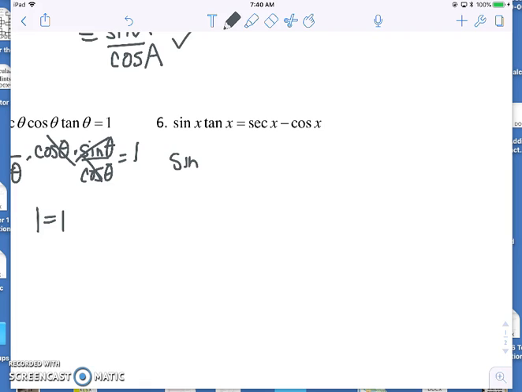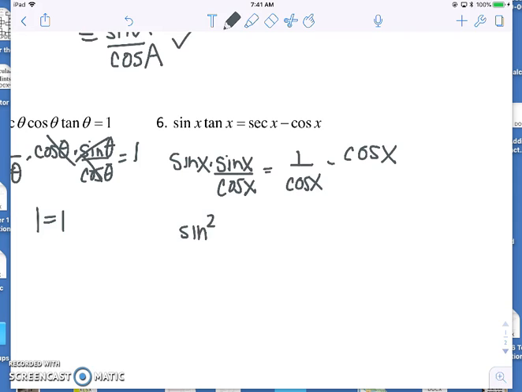Sine of x times tangent, sine of x over cosine of x, equals 1 over the cosine of x minus the cosine of x. One thing I noticed here, we have fractions, so the left side is sine squared of x over cosine of x. On the right side, we need to add fractions, so we need a common denominator, so times the cosine of x over the cosine of x.